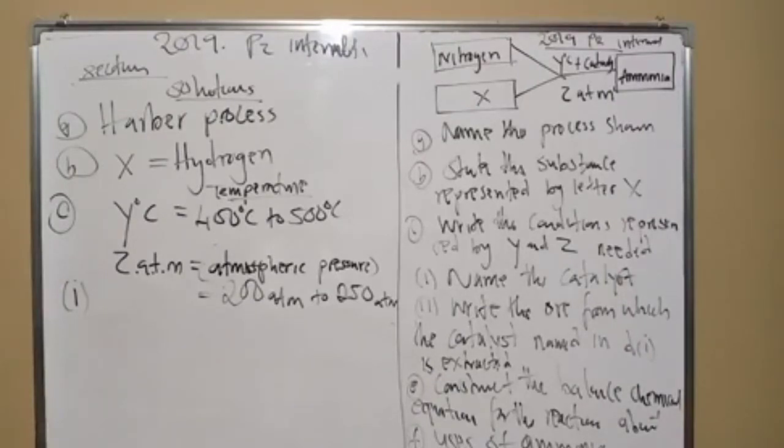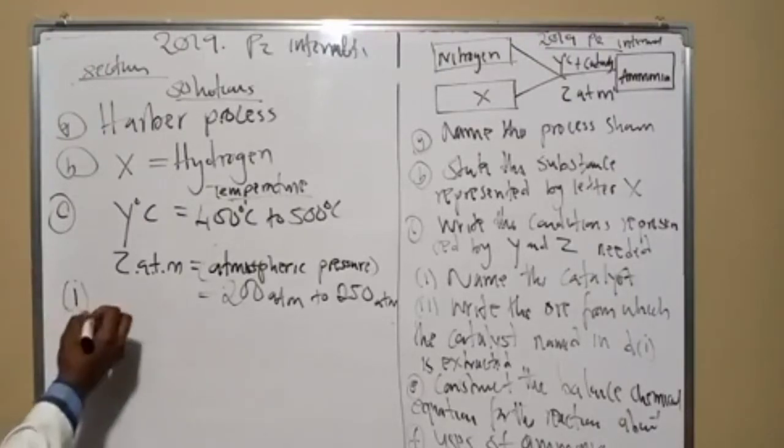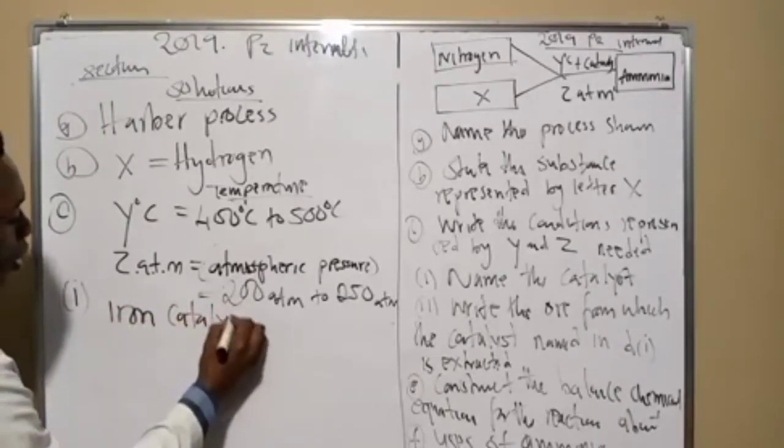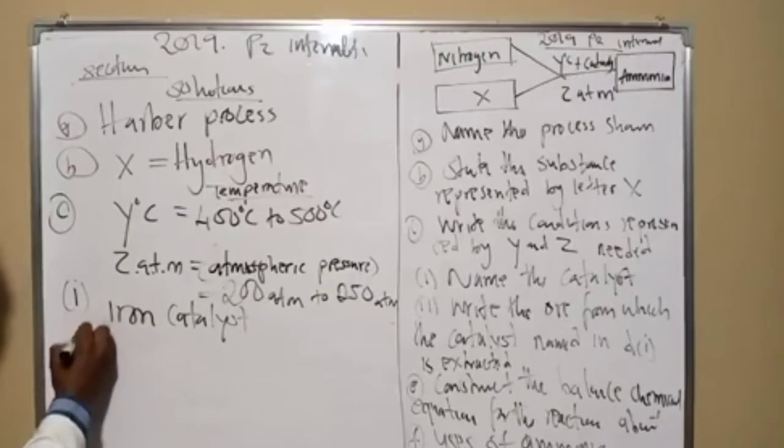Wow, this is great. Prudence is saying iron. Yes, so the catalyst used is called iron catalyst. So we go to 2.